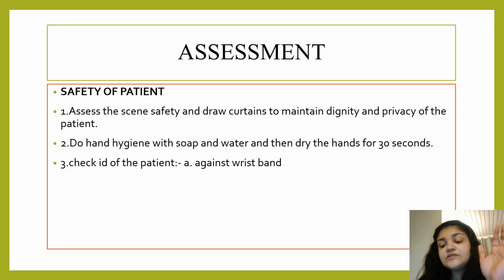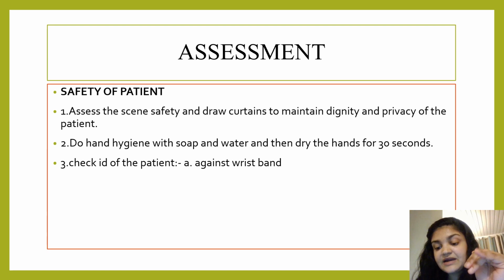Then the most important thing is the ID check of the patient. We have to check the patient's name, date of birth, and hospital number against the patient wristband. We have to verbalize the patient name. For example, the patient name is Tom Matthews, his date of birth is 24th of August 1992, and his hospital number is 12345.